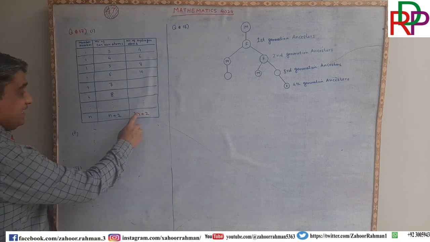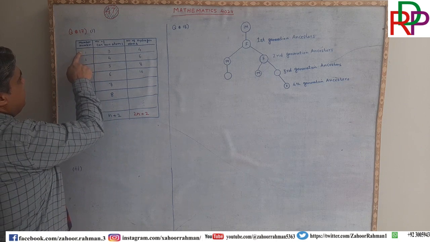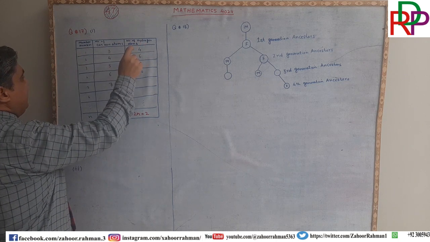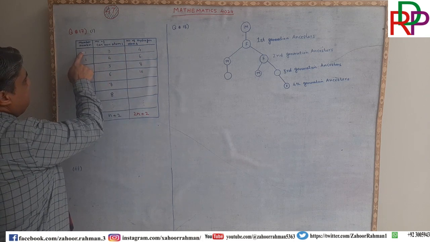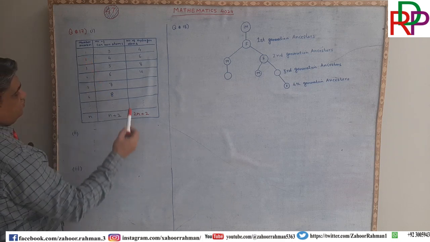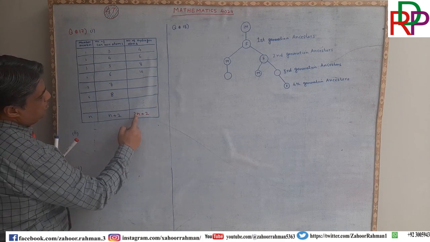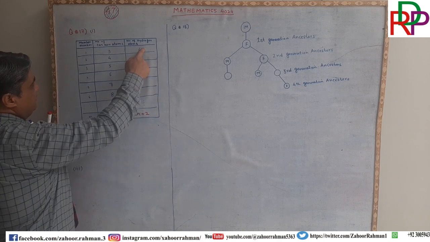This n is the member number. So if we want to find the number of hydrogen atoms in the compound, instead of n we have to write 1. Let us check it. It will be 2 ones are 2 plus 2, it will be 4.